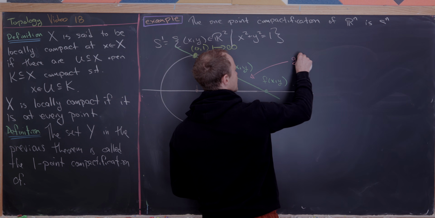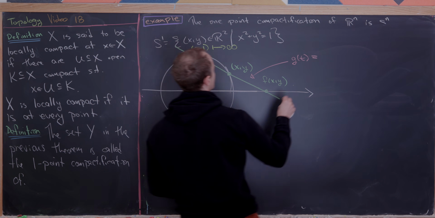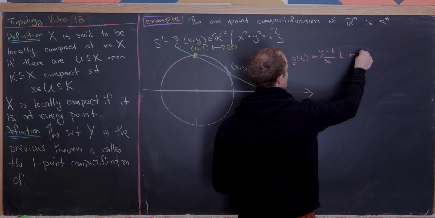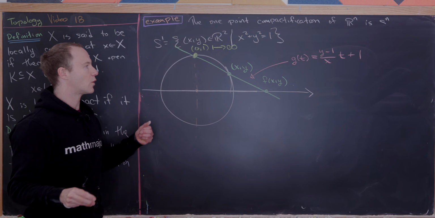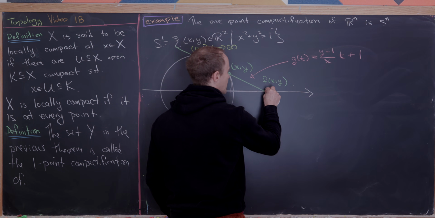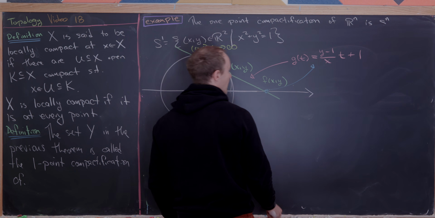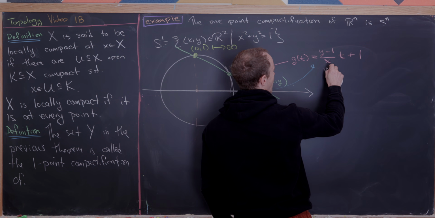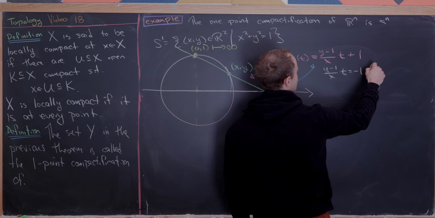Notice the explicit equation of this line using point slope form is going to be y minus 1 over x times t plus 1, where t is our variable there. So that's the equation of that line. And so notice that this intersection point right here is simply a 0 of this function. So in other words, it's going to be when y minus 1 over x times t equals minus 1.